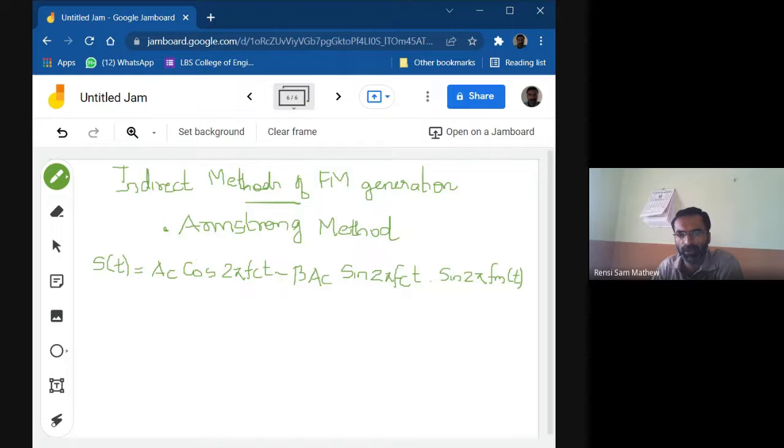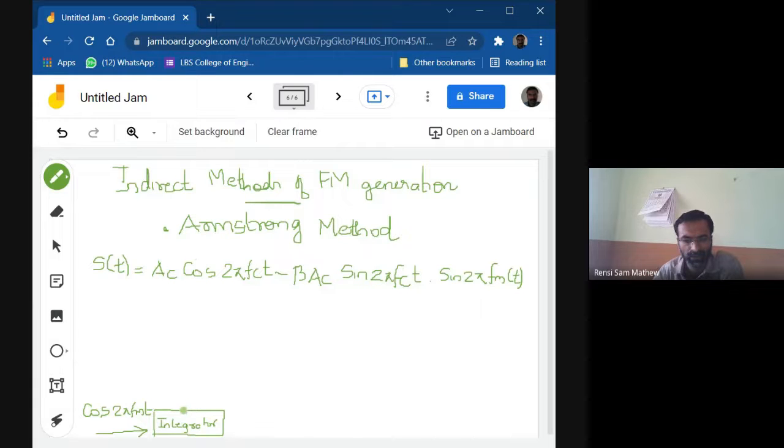I am going to draw it like this. We have our message; remember, our message is cos 2 pi f1 t. To get sin 2 pi f1 t, you have to integrate it, so we have an integrator.